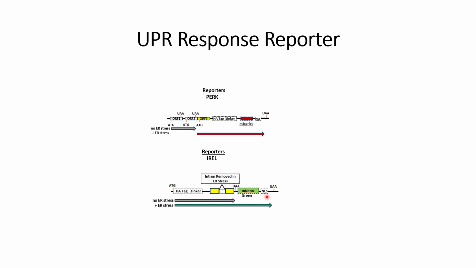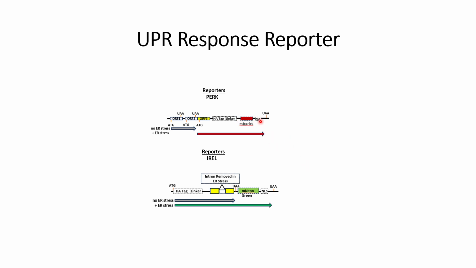One thing we also need to notice is that there is an NLS sequence in both the PERK reporter and the IRE1 reporter. The NLS is a nuclear localization signal. Whenever the whole reporter gets translated, it will move these reporters into the nucleus, so that all these signals are concentrated into a small place, within the nucleus, and we can get a bright signal.